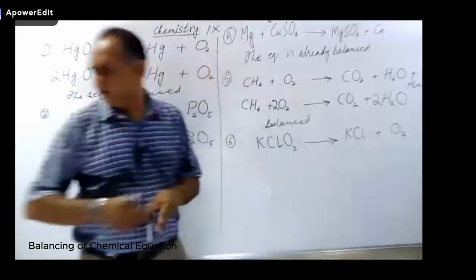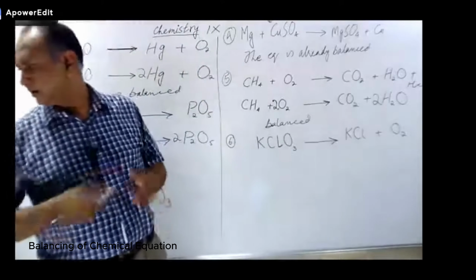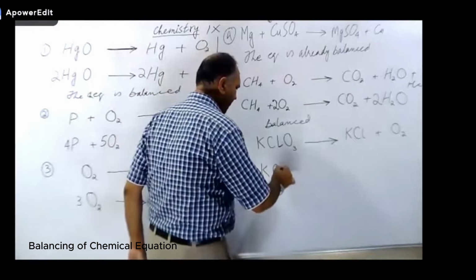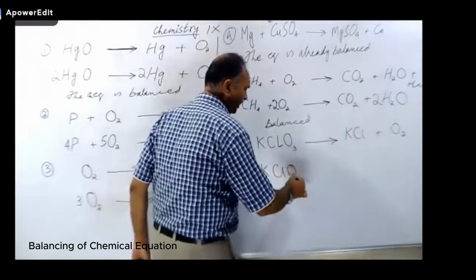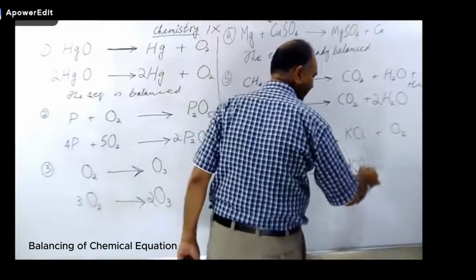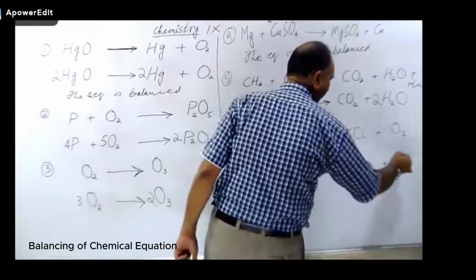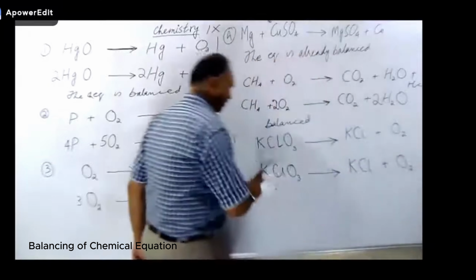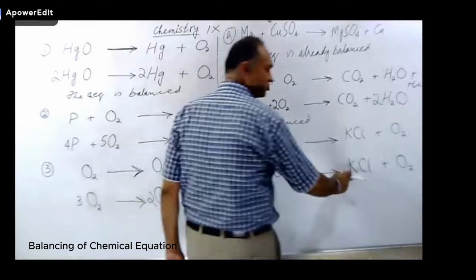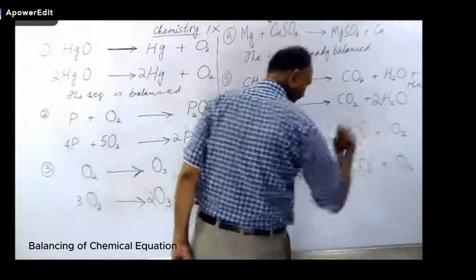Rewriting it again. Let me change the marker. KClO3 changing into KCl plus oxygen. Potassium chlorate, potassium chloride, oxygen.